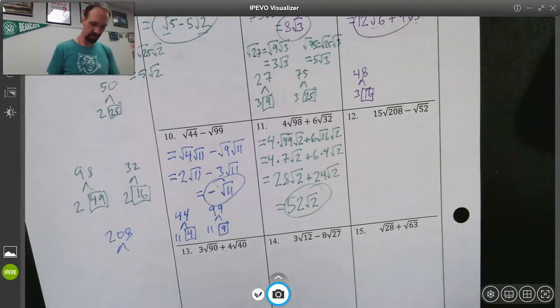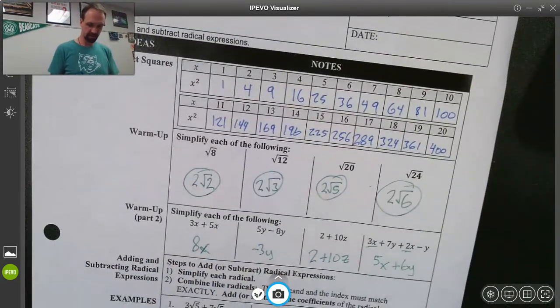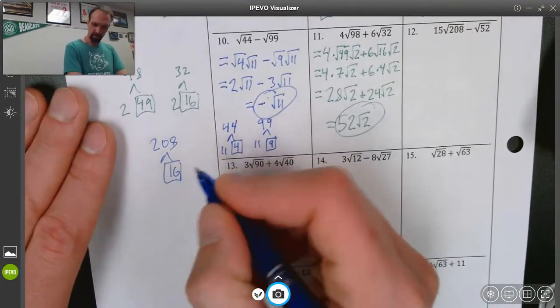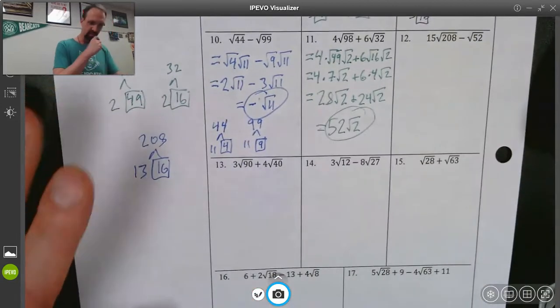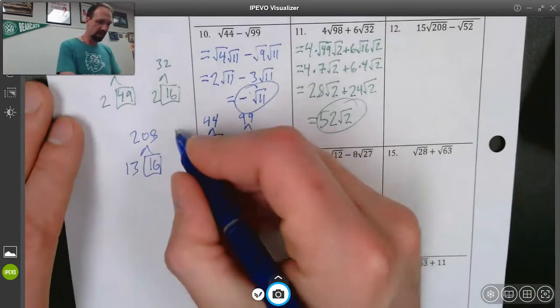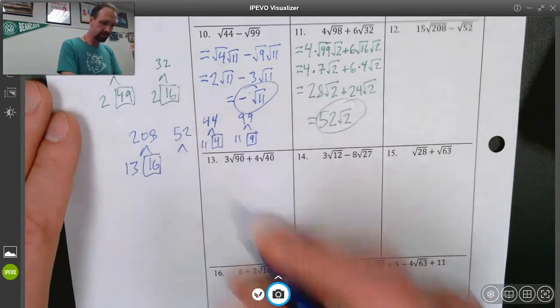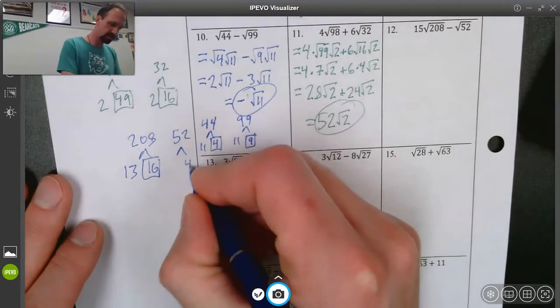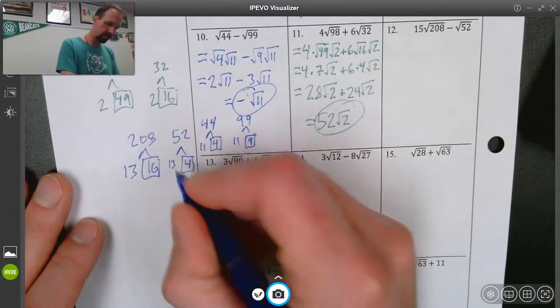Close. Let's see, what else we got? 208. 16, there we go. 16 went into it. And what do I have left over? 13. 13's a prime, so that's good. All right. And then 52. Let's see what that is. That's 4 with 13 left over.